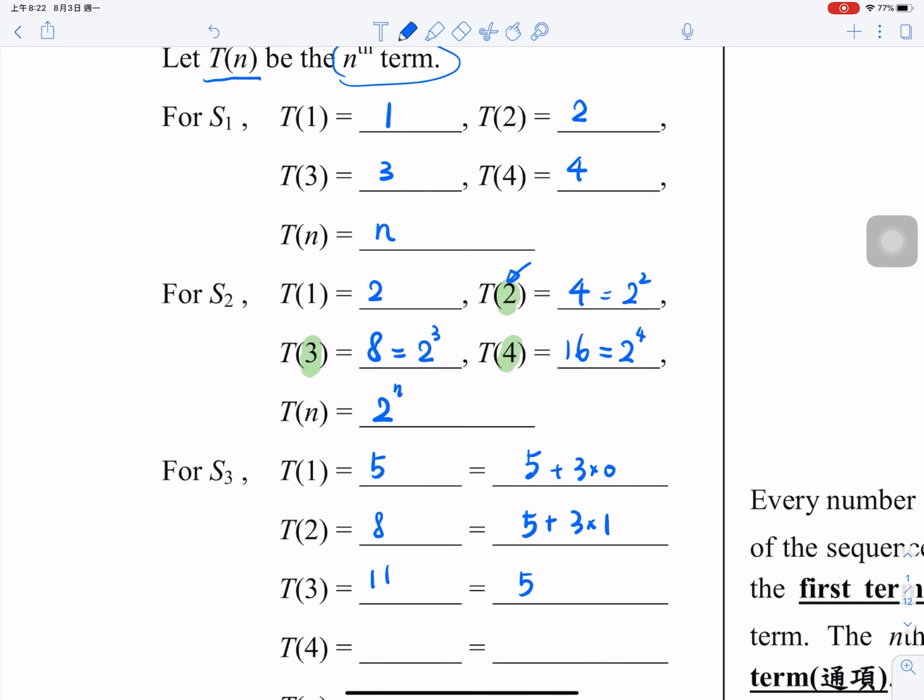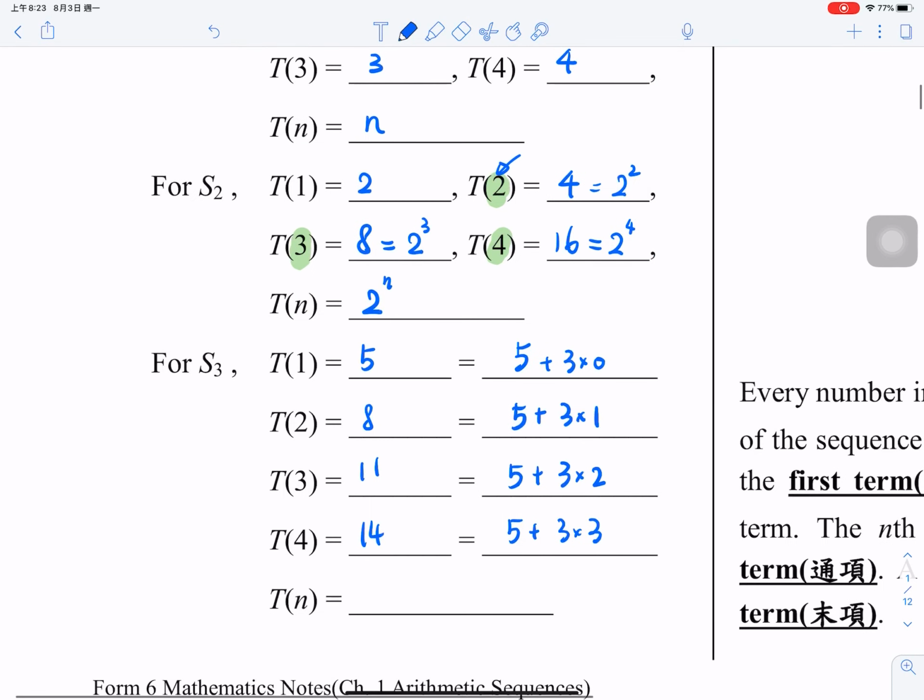This one 5 plus 3 times 2. How about the fourth term, 14? 5 plus 3 times 3. So how about the nth term? And you found that 1 is 0, 2 equals 1, 3 equals 2, 4 equals 3.